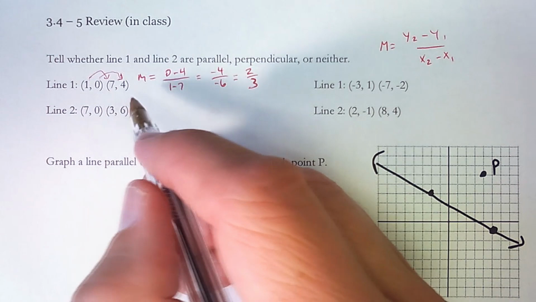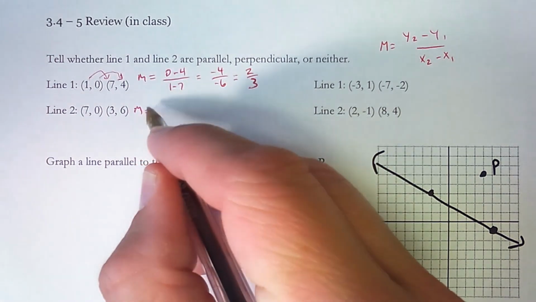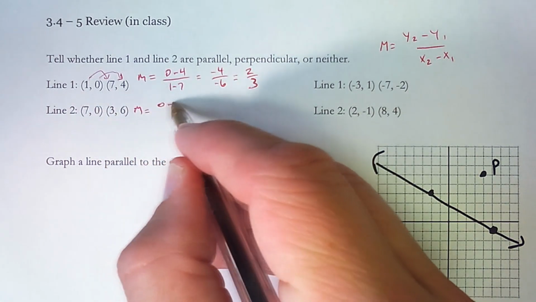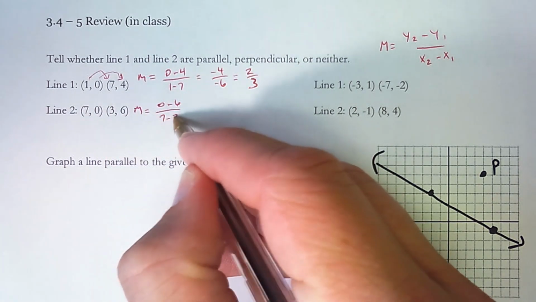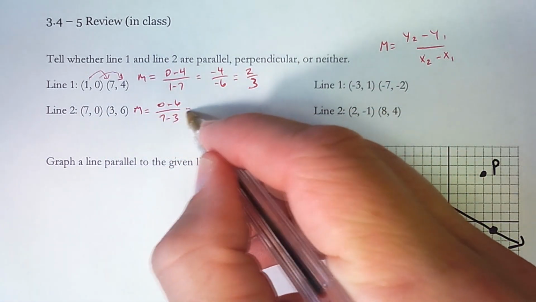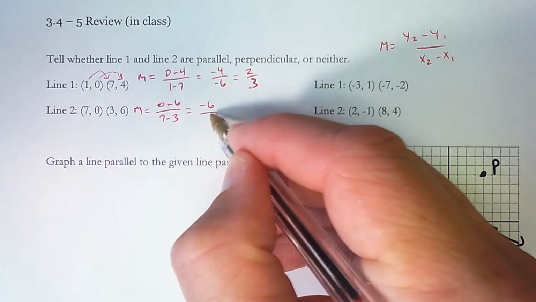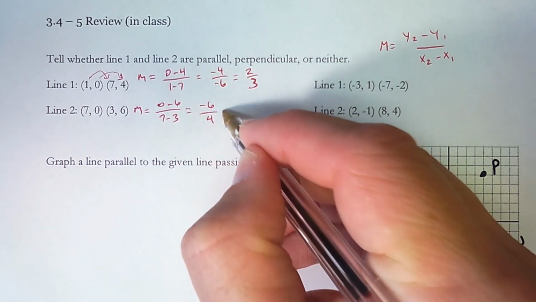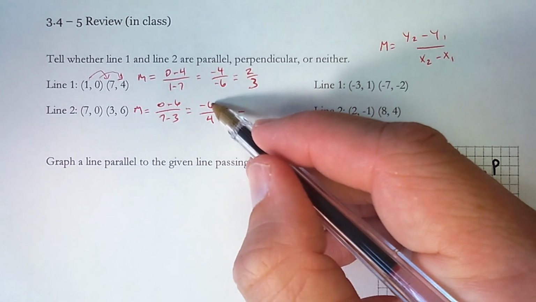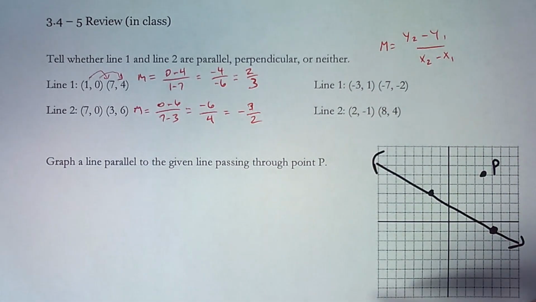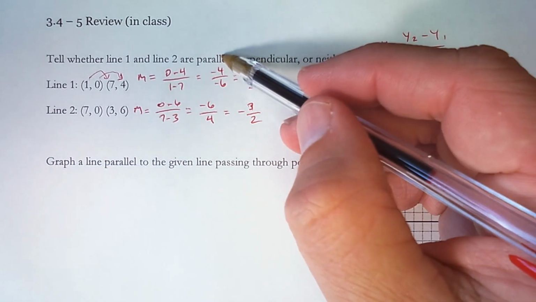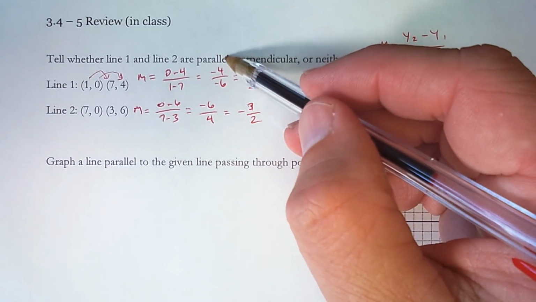Okay, now my second line, 0 minus 6 over 7 minus 3. So we get negative 6 over 4. Negative over positive is negative. And 6 over 4 is 3 over 2. So if the lines are going to be parallel, they would have to have the same slope.